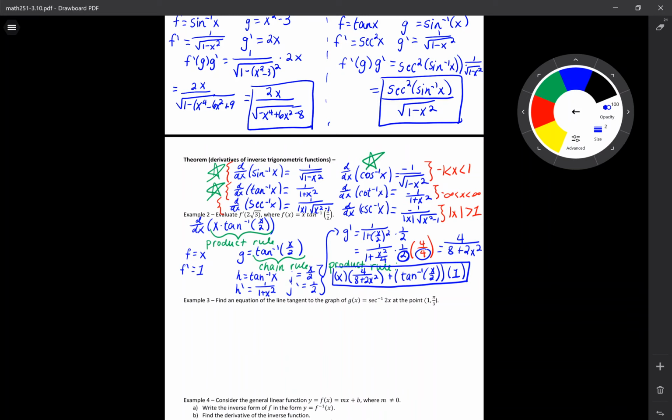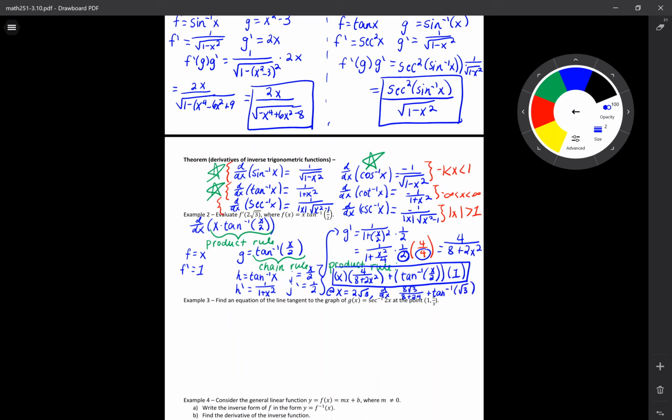And if I were to plug in the point x equals 2 square root of 3, I get the derivative, sorry, I'm running out of room here, is equal to 8 square root of 3 on the top over 8 plus 24, plus tangent inverse of square root of 3.